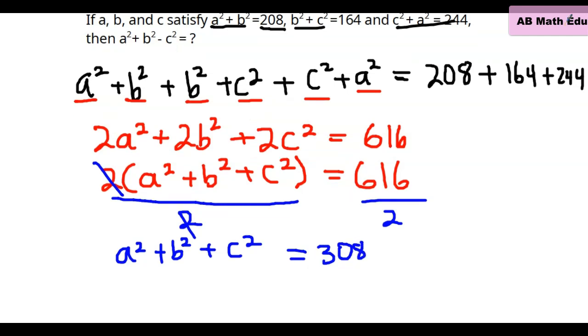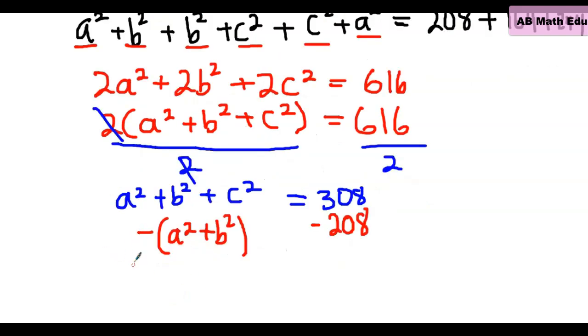We want a squared plus b squared minus c squared, but this time around we got a squared plus b squared plus c squared. What we're going to do is subtract a squared plus b squared from both sides, and when we come to this side we subtract the value, so the value is 208.